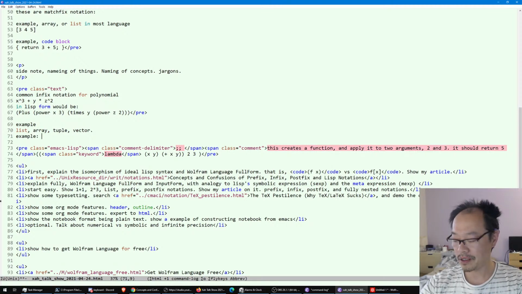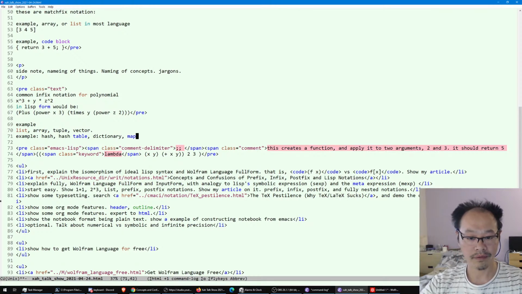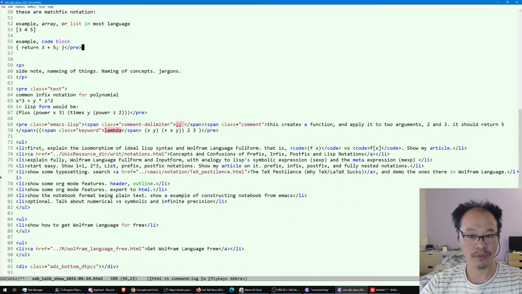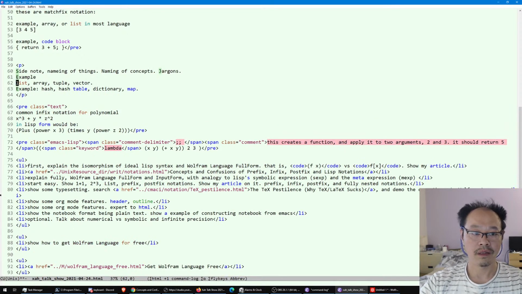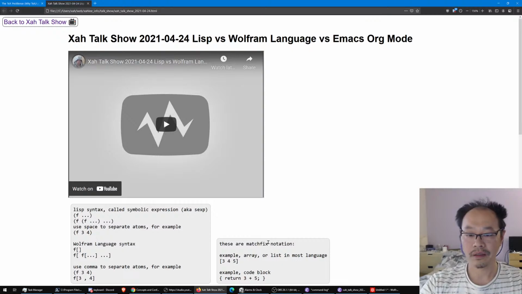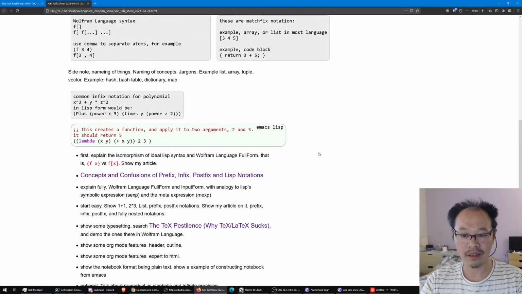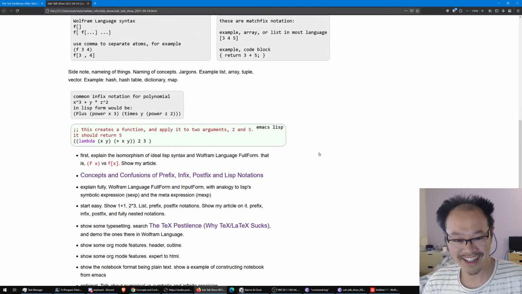Another example is hash table, dictionary, and map. Okay, so let's put that there. Now we have our notes of today's lecture.